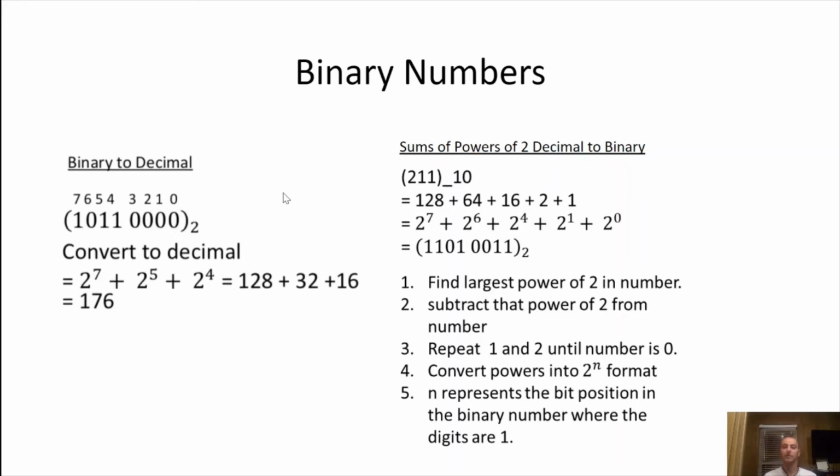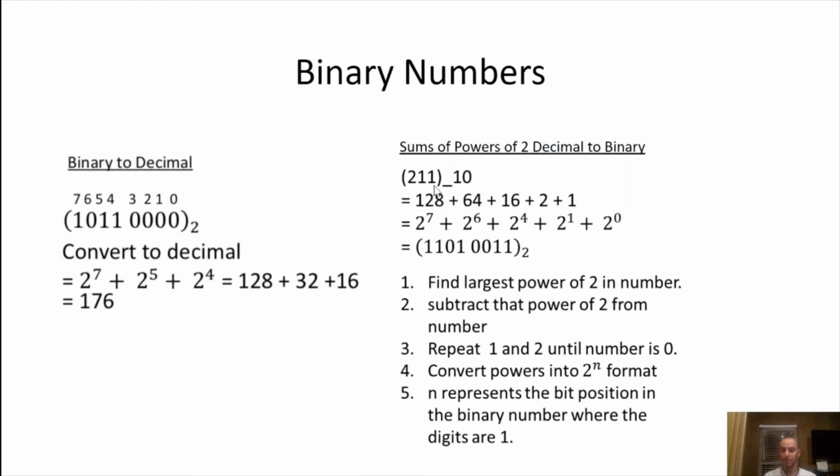So what about the other way around? If you have a decimal number and you want to convert it to binary, this is the opposite way. For this, we have 2 different ways that we're going to look into. The first way is to find the largest powers of 2 that fit into that number.